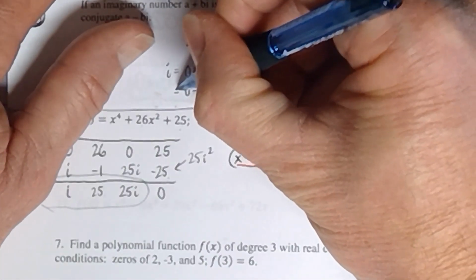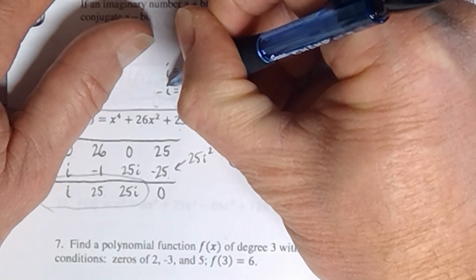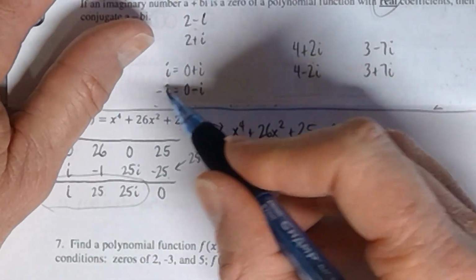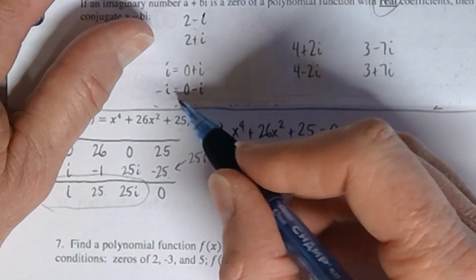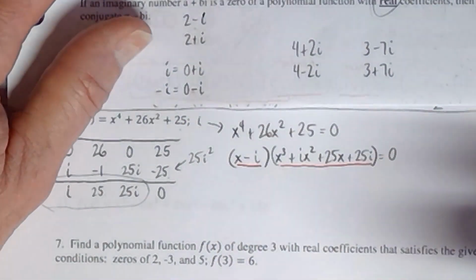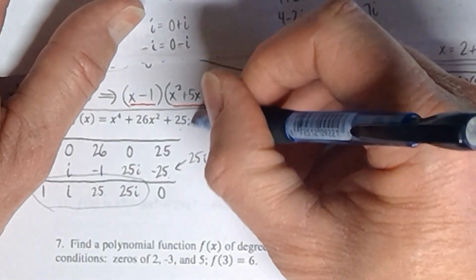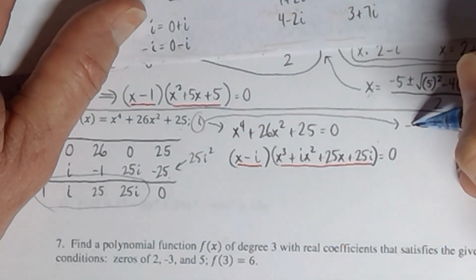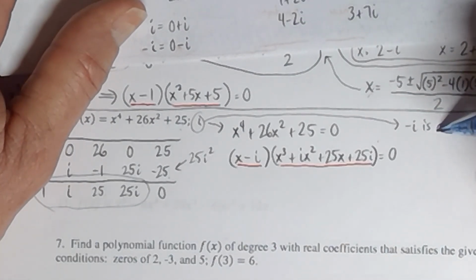But isn't 0 minus i the same thing as negative i? Just like 0 minus 5 is negative 5, 0 minus 8 is negative 8, 0 minus i is negative i. So they're trying to tell us here, let me make a note of this, that negative i is also a 0.